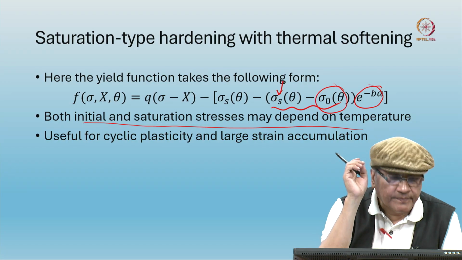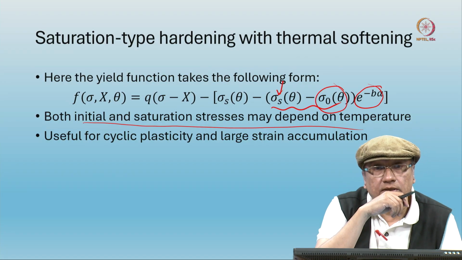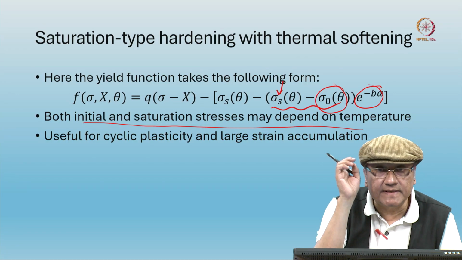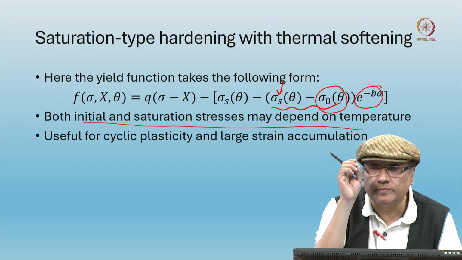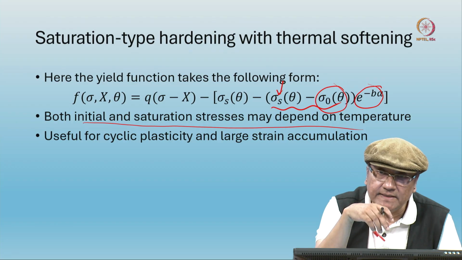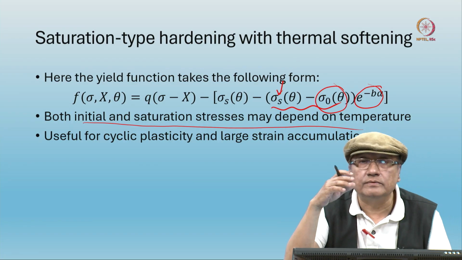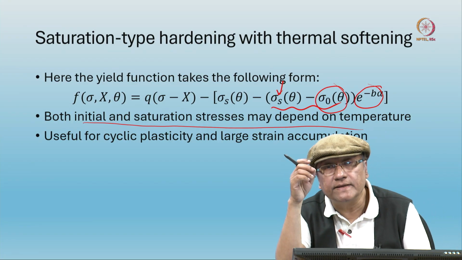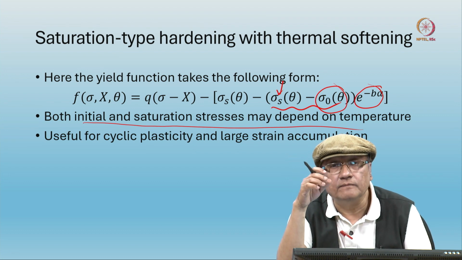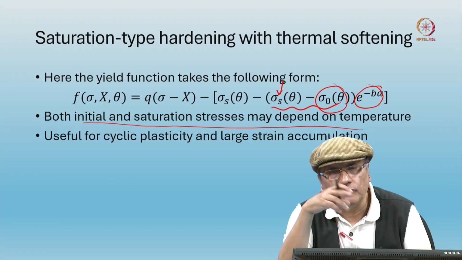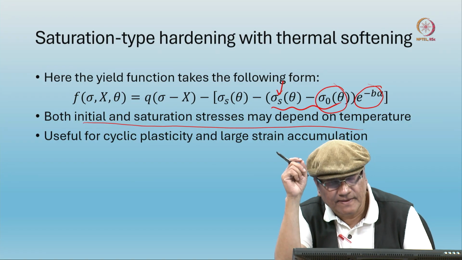As you see, both initial and saturation stresses, this is the saturation stress, may depend on temperature. This is very useful for cyclic plasticity and for large strain accumulation problems, because if the plasticity is cyclic, you should realize that the problems could involve large accumulated strain over a large number of cycles, right.